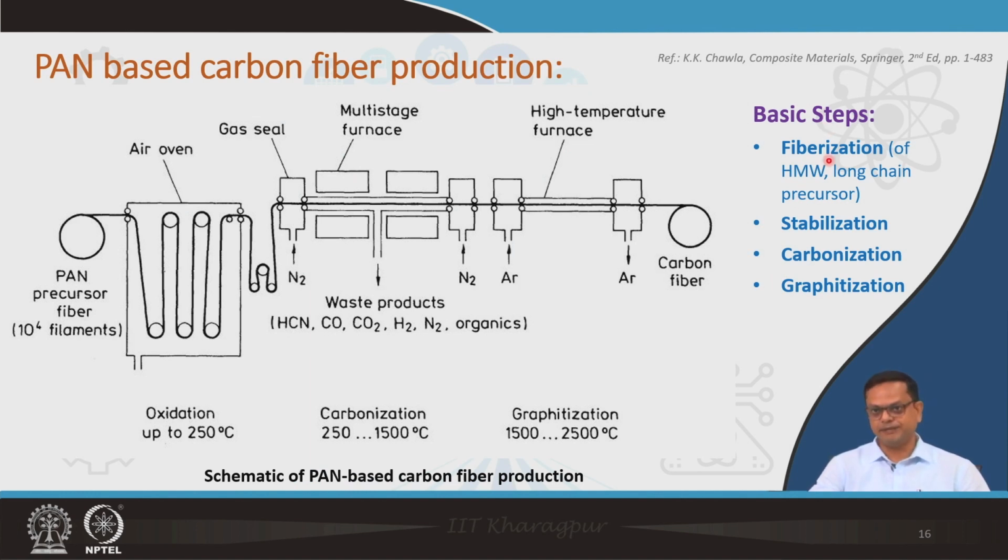The first step is that you take the precursor material, and this precursor material is generally of high molecular weight, okay, long polymeric chain. So, the first process step is, by spinning method, you make fiber of the precursor material, right. It is not the carbon fiber, but the fiber of the precursor material, and that fiber of precursor material goes through 3 steps.